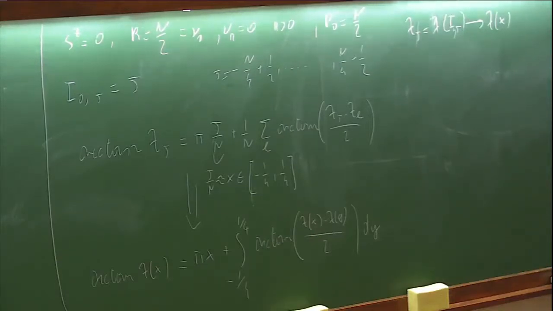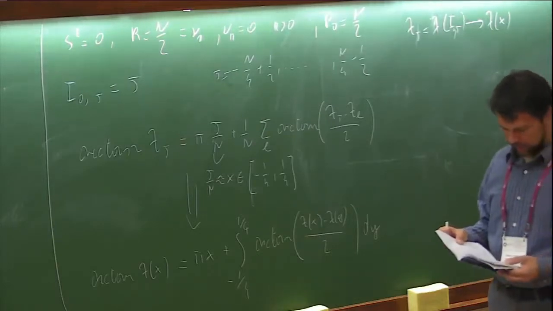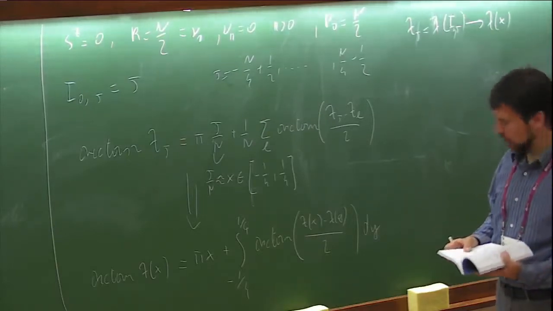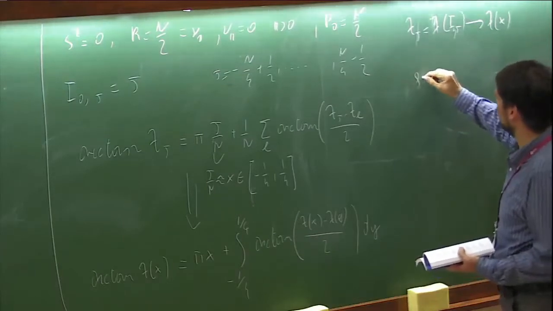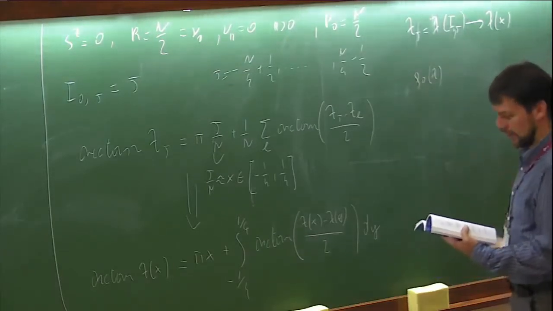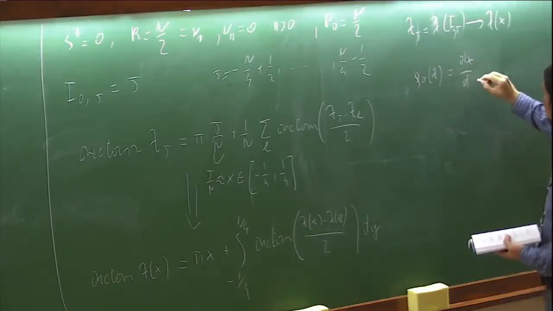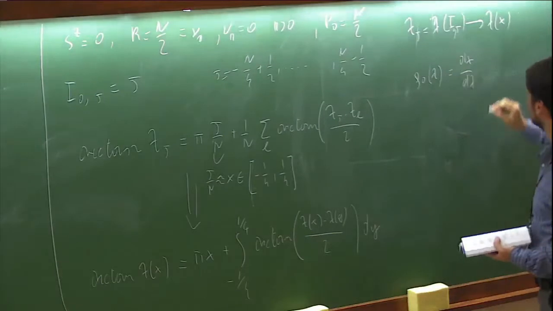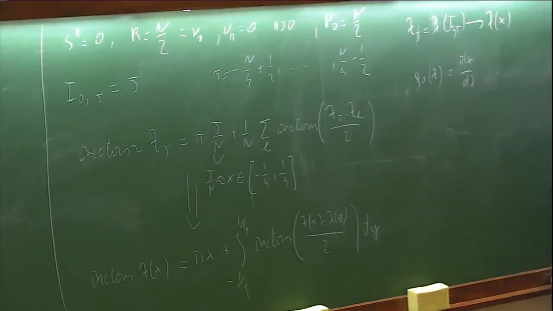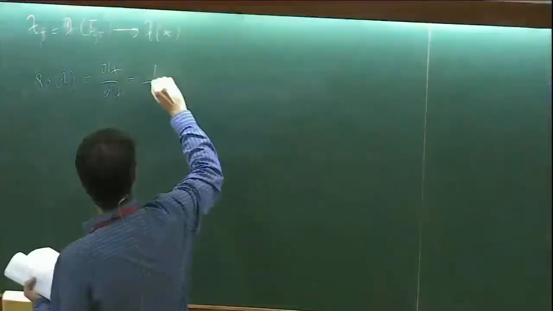Now I would like to make a change of variable. I introduce the density of real rapidity lambda, which is defined as how many quasi-momenta you have per unit of x.